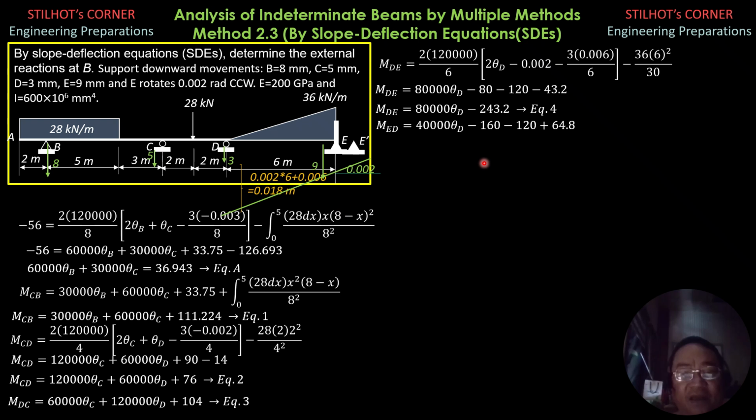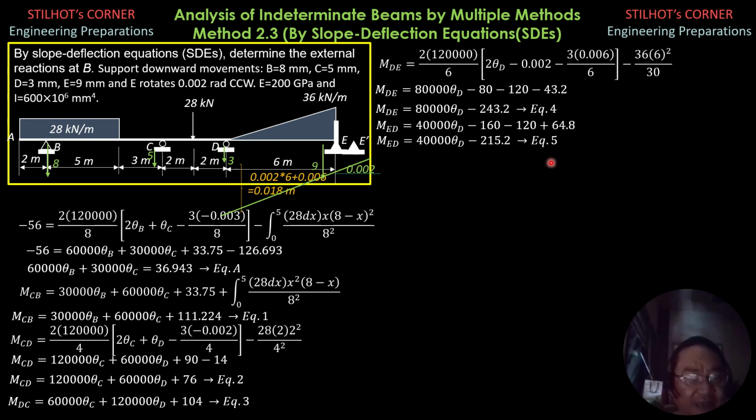If you set up slope deflection equations, then this is still minus 120, that value there. Then this is now 64.8 because the formula becomes 36 times 6 squared over 20 fixed moment ED, the fixed moment formula for triangular loading. Simplifying, that's equal to 40,000 theta D minus 215.2, equation 5.